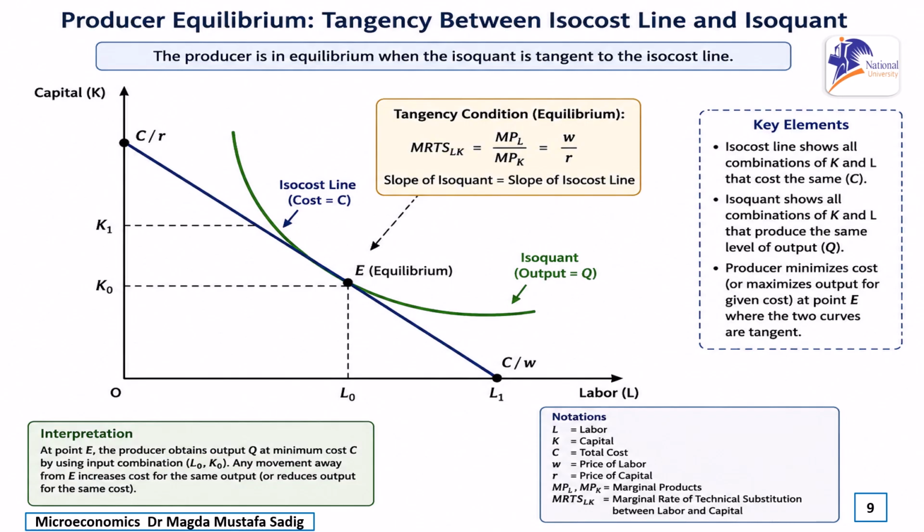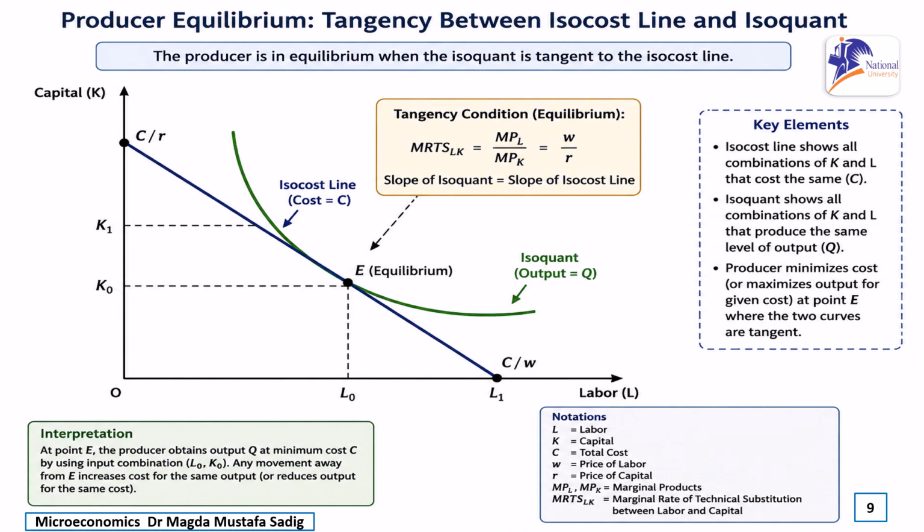Let me now show you this very nice slide which summarizes the whole producer equilibrium, and let us interpret the graph. Notice the downward sloping straight line, the blue one. This is the isocost line.